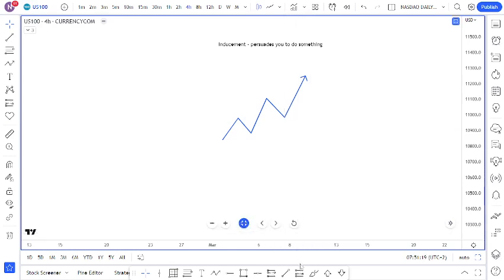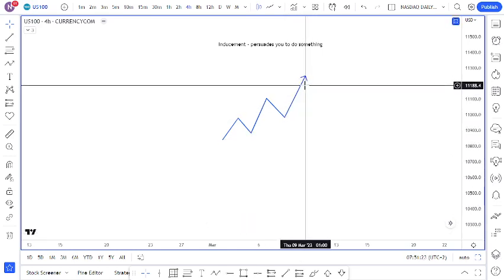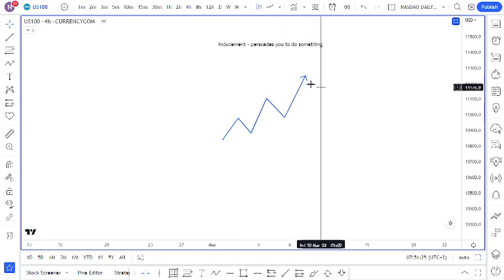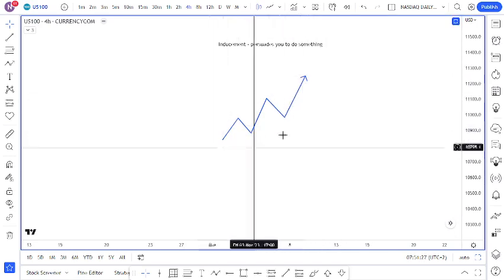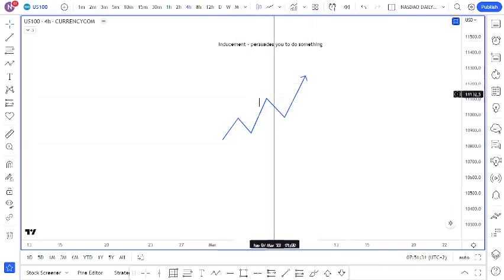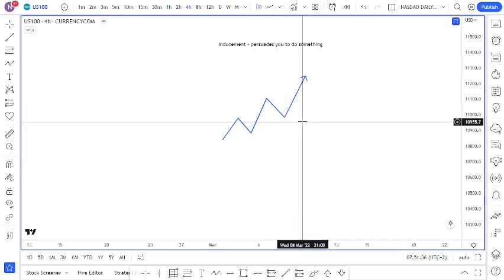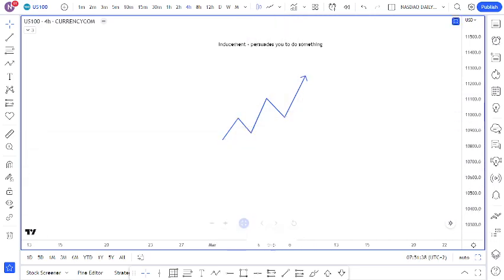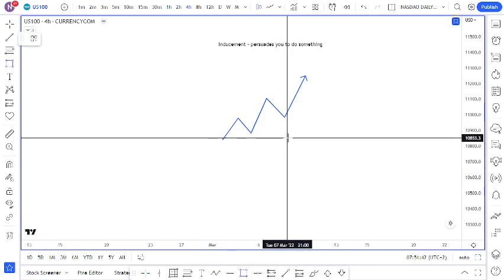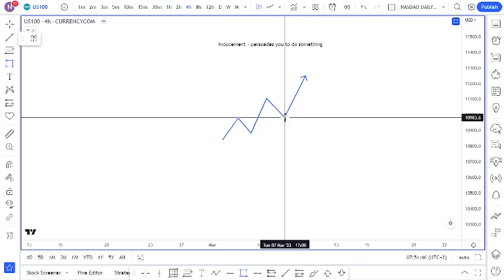Okay, so from a retail perspective, if you're a retail trader, what thoughts would you be having with market structure like this? Okay, so structure is obviously bullish. We have higher highs and higher lows. From a retail perspective, in all probability, there would be consideration given to support and resistance.